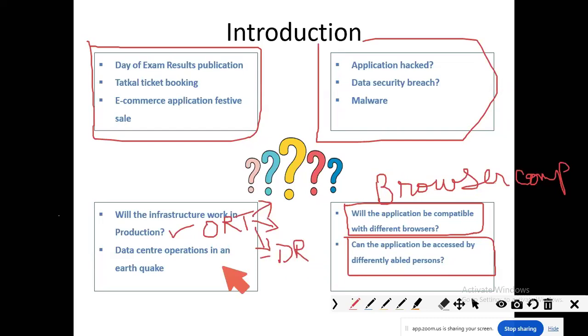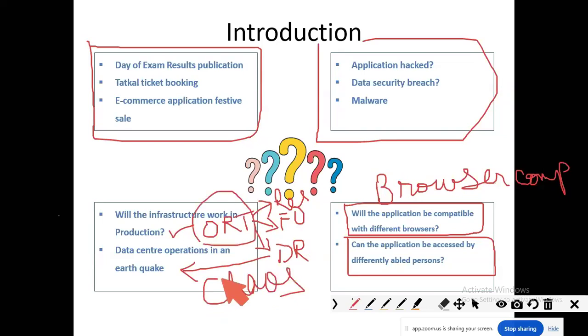So this disaster recovery testing is applicable to data center operations, how to continue your data center operations in case of an earthquake. That is disaster recovery. Similarly, we have failover. Okay, failover testing, resilience testing, chaos testing. You all would have heard nowadays, right? Chaos. So these all are basically ORT, operational readiness test.